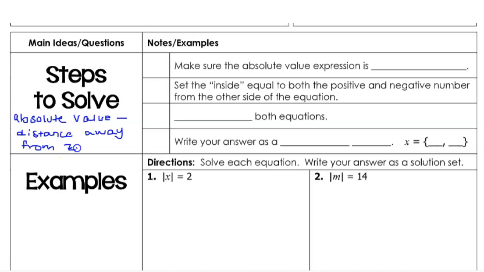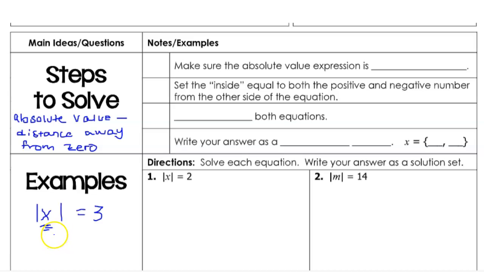Before we even start solving the equations, I'm going to give you an example. If I have an equation that's the absolute value of x equals 3, I'm saying what number has a distance away from 0 that's 3? That's 3 units away from 0.